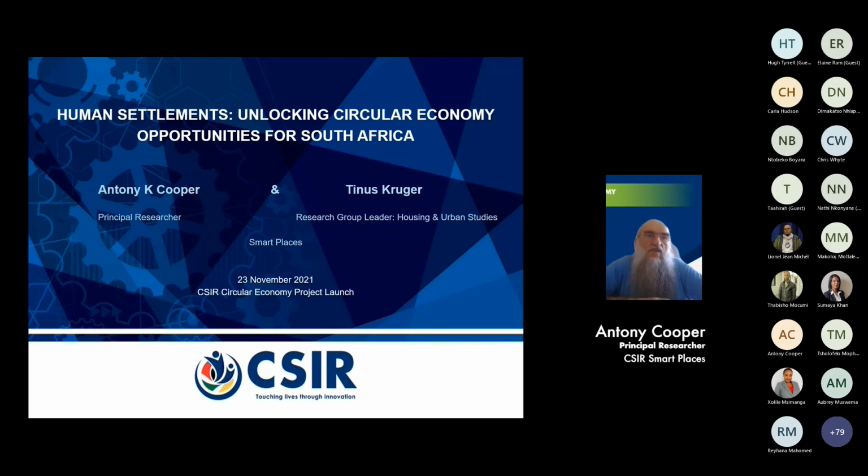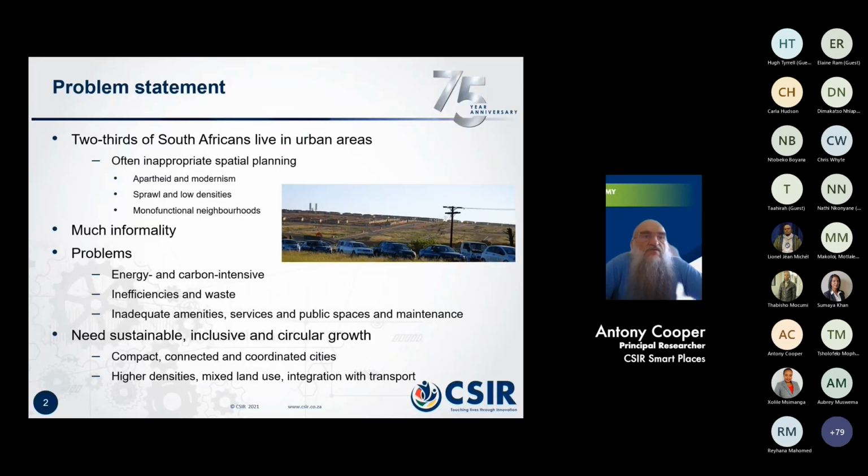So the problem statement for human settlements in South Africa is that two-thirds of South Africans live in urban areas. Often there is inappropriate spatial planning, which is the legacy of apartheid and modernism in architecture.